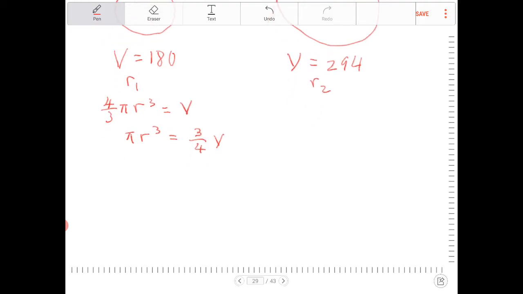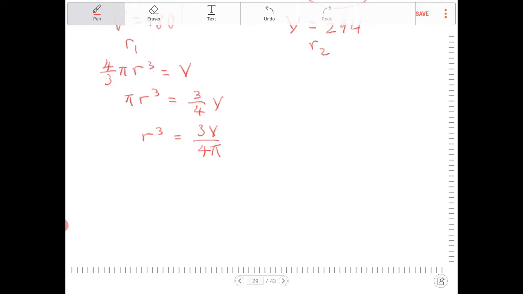And then I want to divide both sides by pi, so that will be r cubed is equal to 1 over pi times 3/4 V, or I'm just going to rewrite this as 3V over 4 pi. I'm going to take the cube root of both sides because I want to get to r. So r will equal 3V over 4 pi to the power of 1/3.